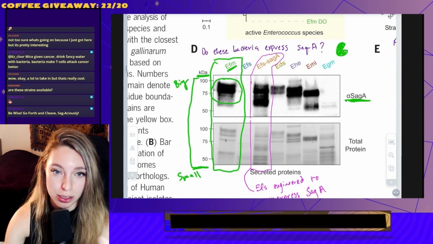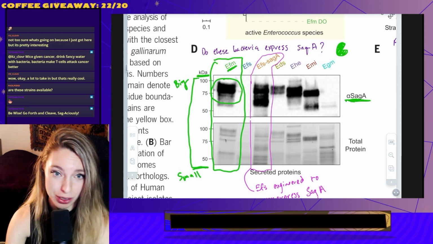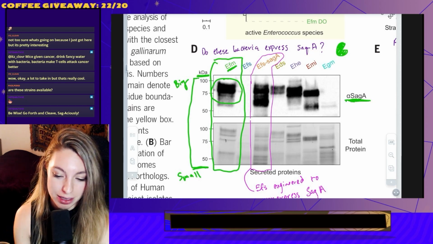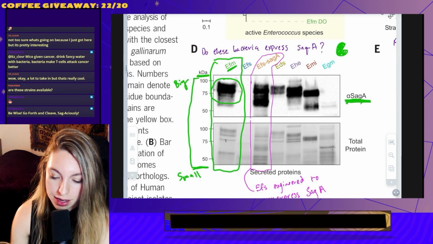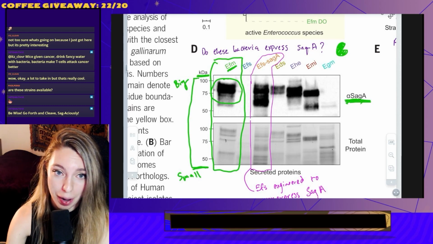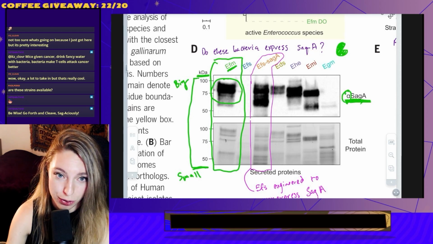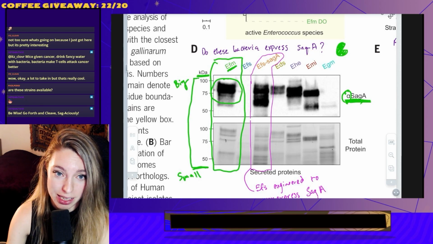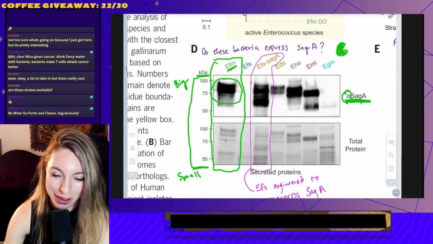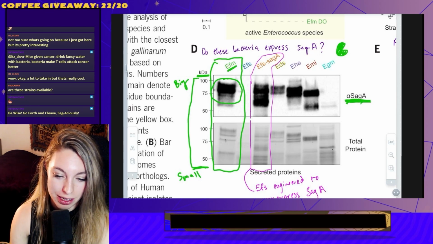And then to visualize, because there's many different types of proteins, right? To visualize the specific SagA protein, they use an antibody that recognizes SagA. That's why there's this little alpha sign here. That stands for anti, or antibody. You could think of it that way. They use an antibody that specifically binds to the SagA protein, and then they use a little label, and basically it makes this black stain.